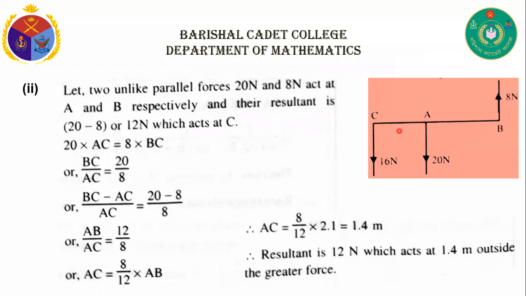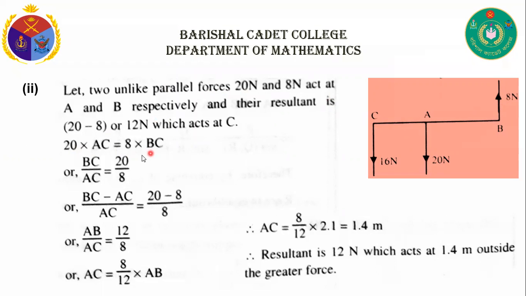Because we know that the resultant of unlike forces acts on the extended line between the forces, extended on the greater force's side, that is here the 20 Newton side. So we can write 20 into AC equals 8 into BC.